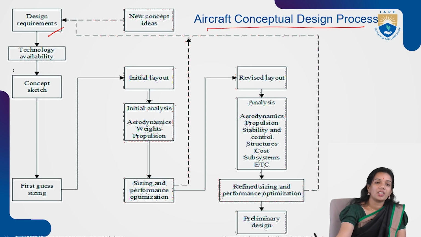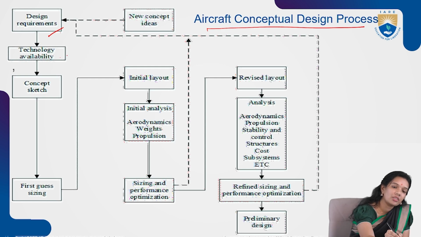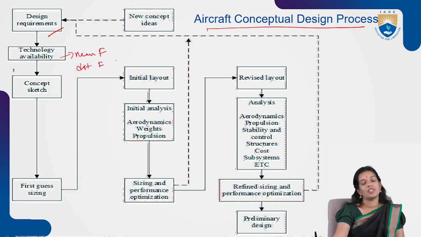Then I start with understanding the different technological availabilities we have, right? One is where I talk about the nearest future or a distant future. If we are going to design for the nearest future, then I don't want to look at how technologies are going to be developed in the future. So I'm only going to consider the existing technologies, existing engines, existing avionics and so on.